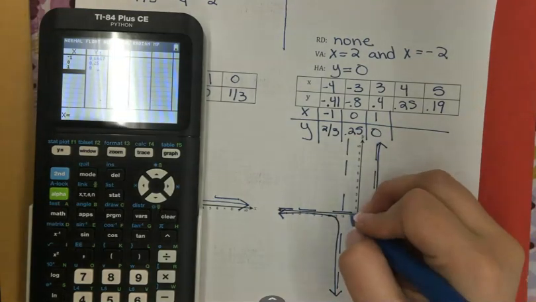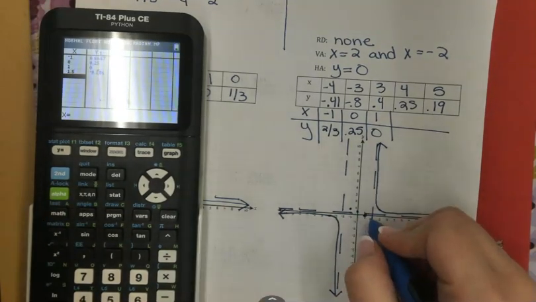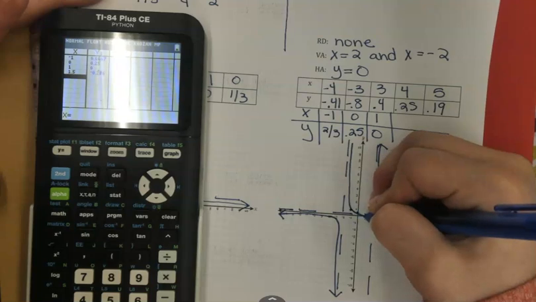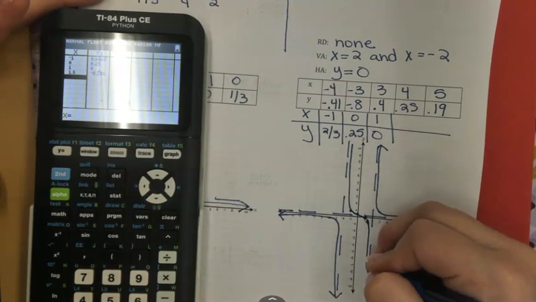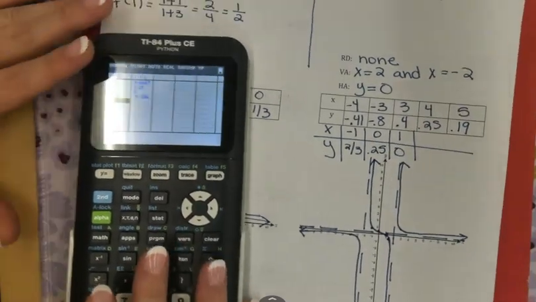So that's going to look kind of like this. And if I went further to like 1.5, notice that it's going to dip down into the negative. So this part of the graph is going to look like this. Kind of like a cubic in the middle, sort of shape.